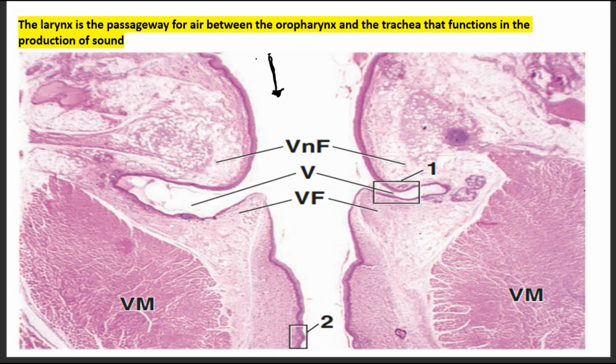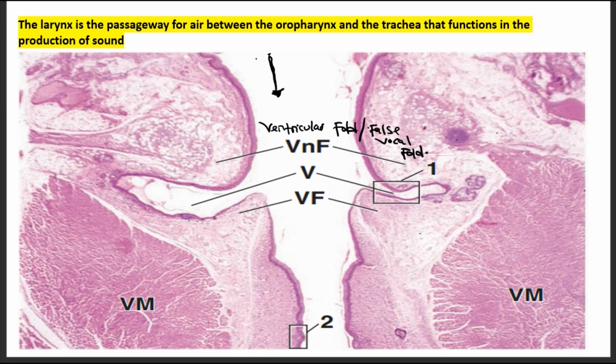The larynx has this part here, which is called the ventricular fold. The ventricular fold is also known as the false vocal fold.